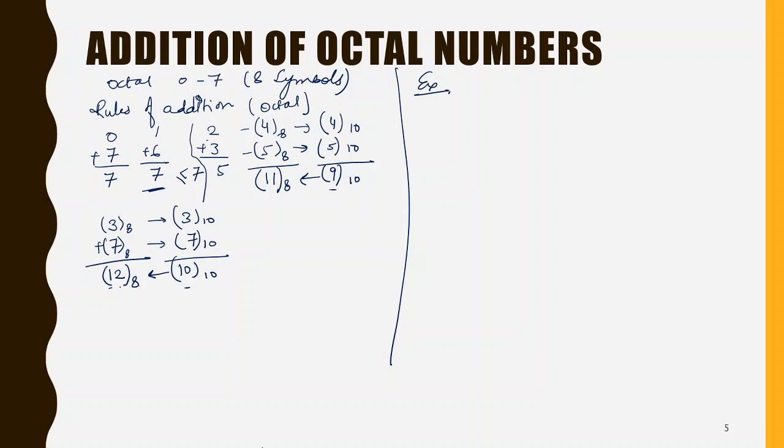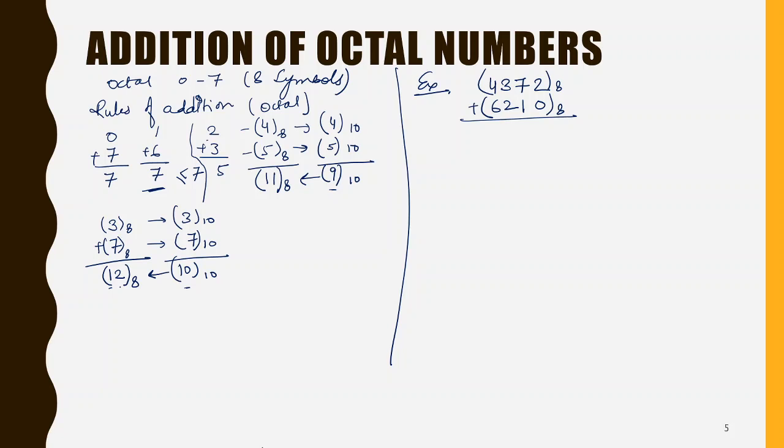Right. So first example we will do 4372, and I add this 6 1 0. Both of them are octal numbers.